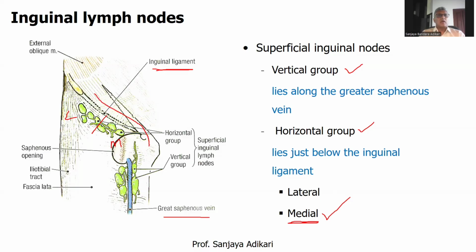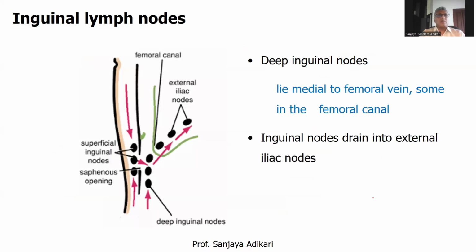So through that, lymph can come and enter the medial group of superficial inguinal nodes. Then most of the lymph from the superficial nodes enters the deep inguinal nodes.